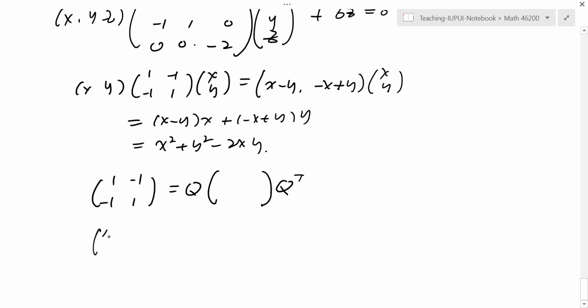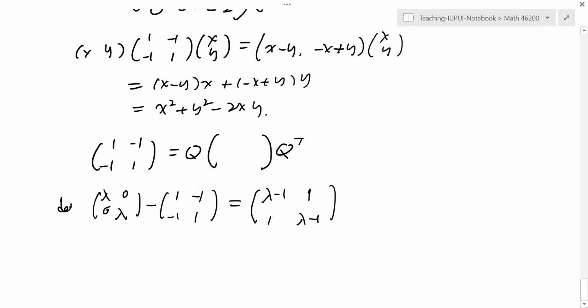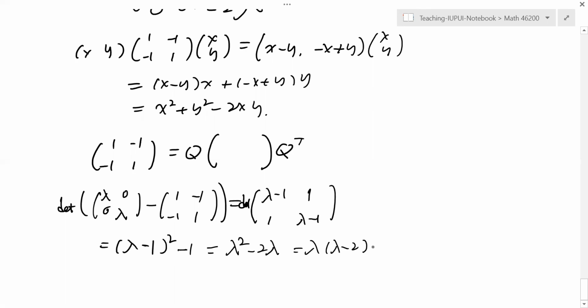So the matrix lambda, 0, 0, minus 1, -1, -1, and that is going to be lambda minus 1, 1, and 1, lambda minus 1. So the determinant is going to be lambda minus 1 squared minus 1, okay? So actually, you get lambda squared minus 2 lambda plus 1. So you have 2 eigenvalues.